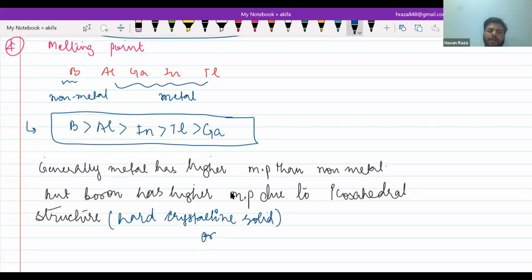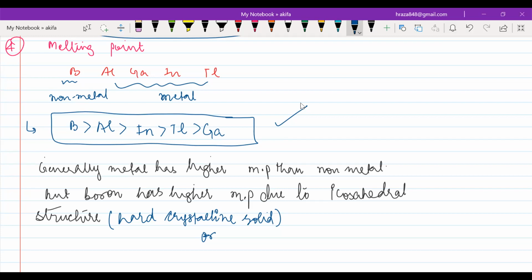So this is the order of melting point. Done. All done. Yes.